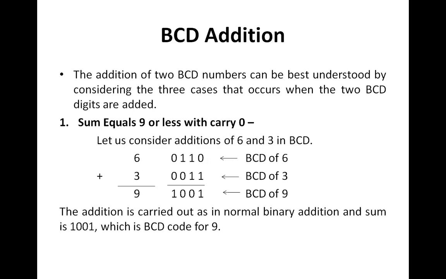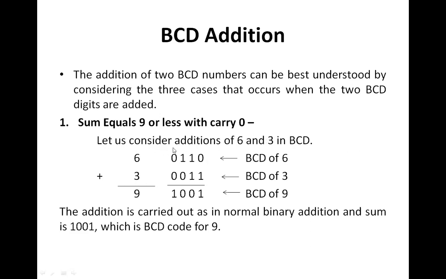So for that, let us go with the detailed arithmetic related with the BCD addition. The addition of two BCD numbers, how it can be done. There may be three cases, and we have to study these three cases. First of all, whenever we add two BCD numbers, it may be possible that the sum is equal to 9 or less than 9 with no carry.